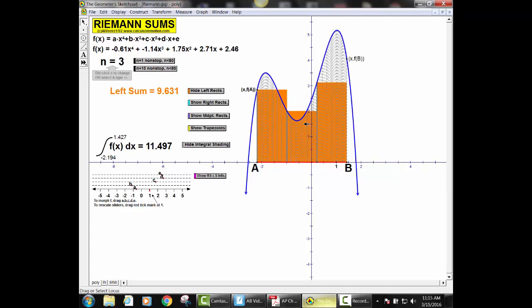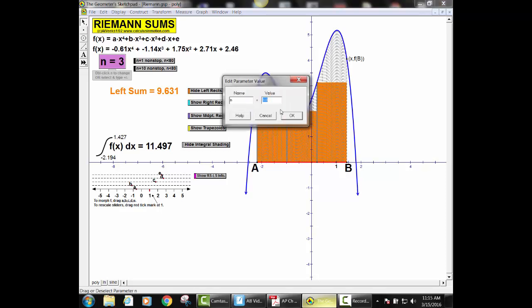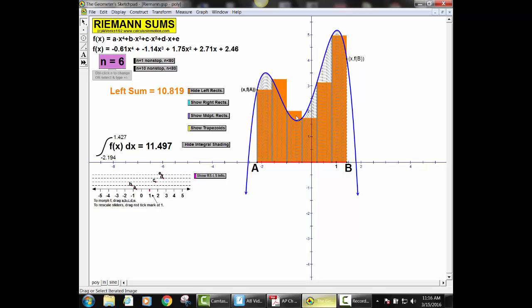I know how to find the areas of rectangles. I do have some underlap here that I've lost out on, and a little bit of overlap. But if I change that 3 to, say, 6 rectangles, that's a better approximation, with less overlap and underlap.